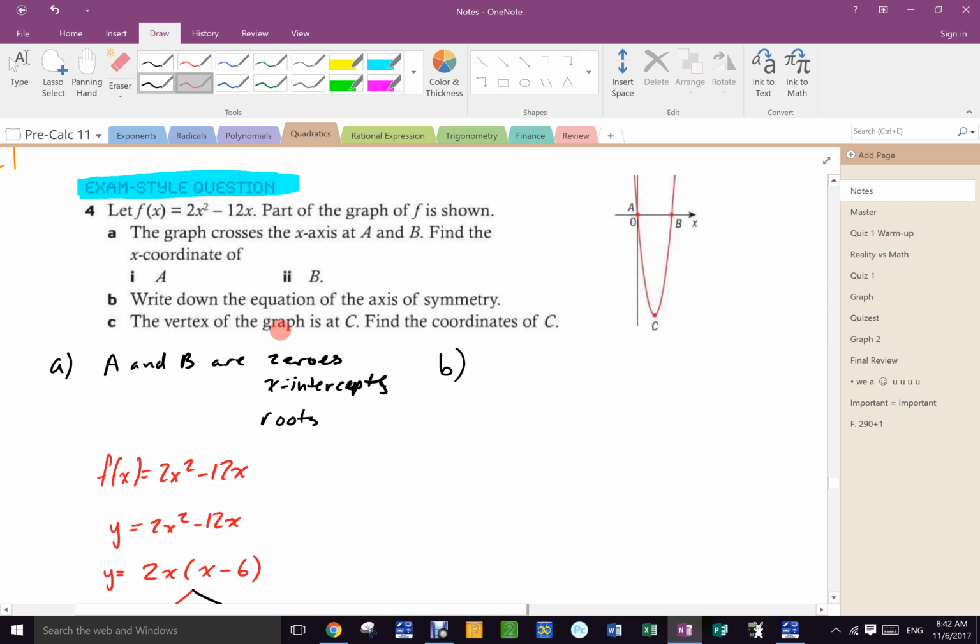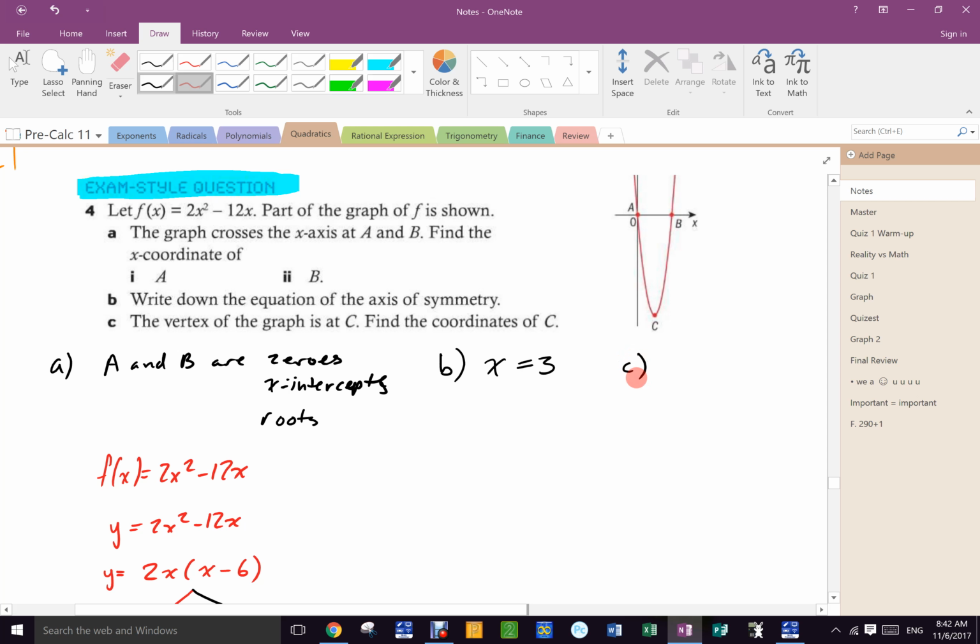Did I want a coordinate or an equation of a line? Equation of a line. So what is it? x equals 3. Lovely. Well done.